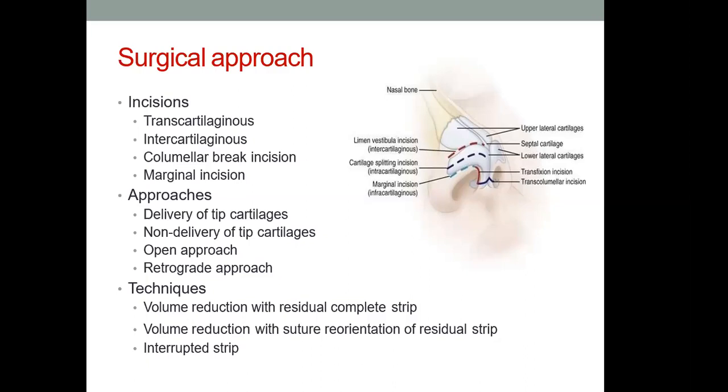Surgical approach: we have different types of incisions. As you see here, we have transcolumnar, marginal incision, transcartilaginous, and intercartilaginous. For the approach, we have delivery or non-delivery of the cartilage, open approach, or retrograde approach.